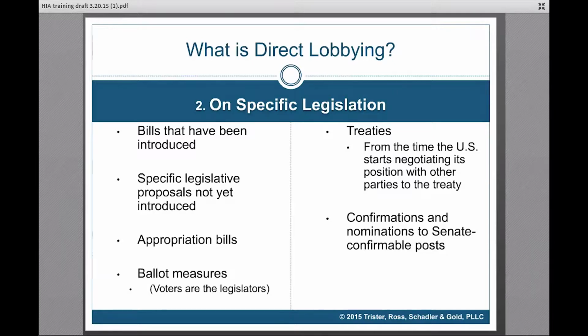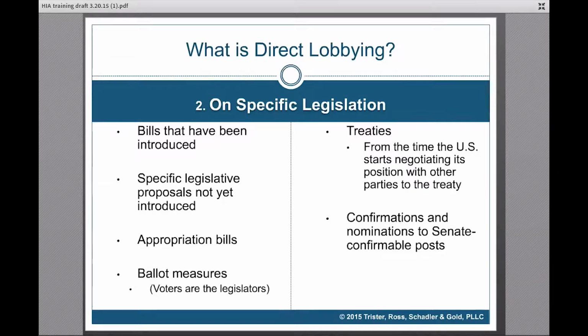For example, the legislation might increase the rate of car accidents. The legislation might increase the rate of teen drinking, and legislation may result in fewer people having health insurance. The organization might say, well, look, we're not endorsing the legislation. We're just saying what the impact of that legislation will be.